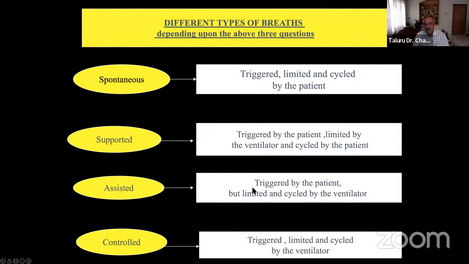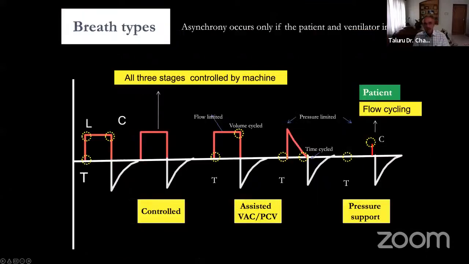Then if it is assisted, the trigger is done by the patient, either by flow trigger or pressure trigger, whereas in control the trigger is done by time. And again, limiting and cycling is done by the ventilator. In pressure supported mode, triggering is again pressure or flow, and cycling is flow cycling. This is what you have to remember.